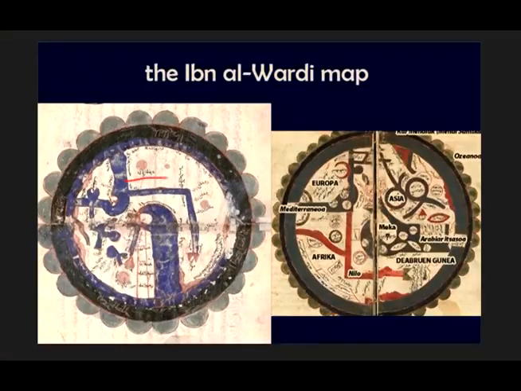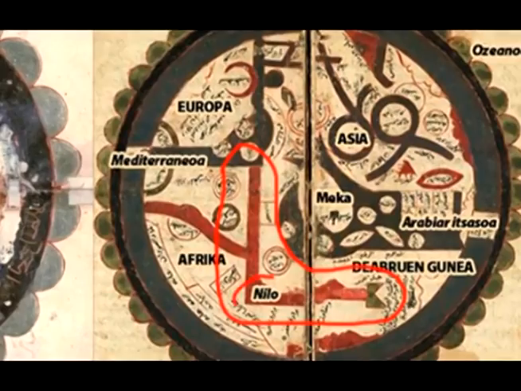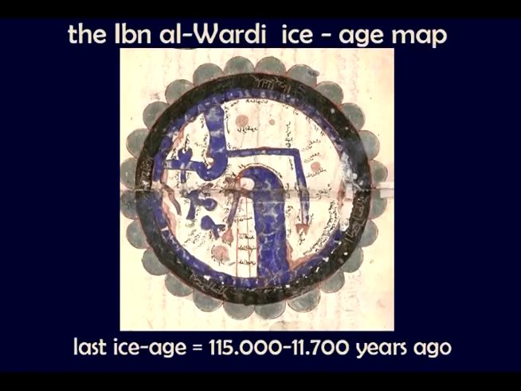The only problem of this map is this straight line here. It's called the Nile on a later map. This probably means that this map is a copy of an older Ice Age map, and this line was added to try to fit the Columbus map. So I suspect there must be an older map without this line.